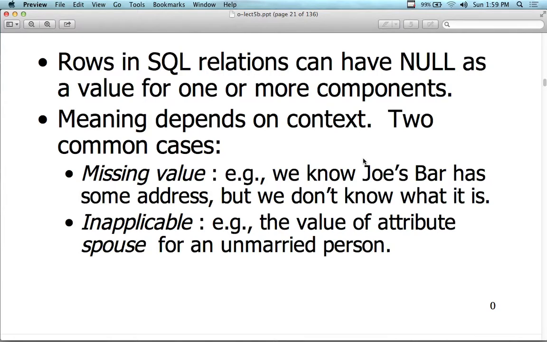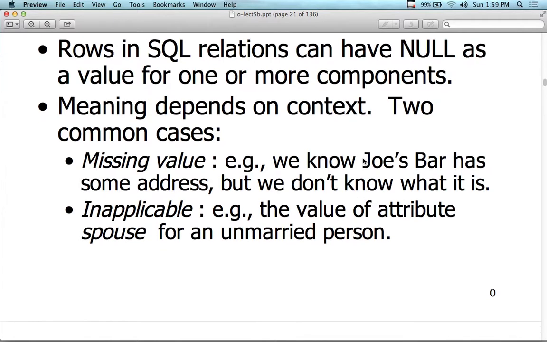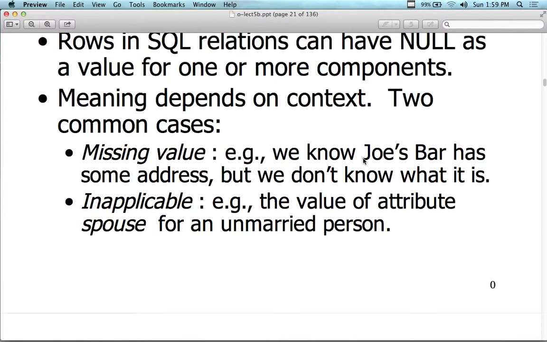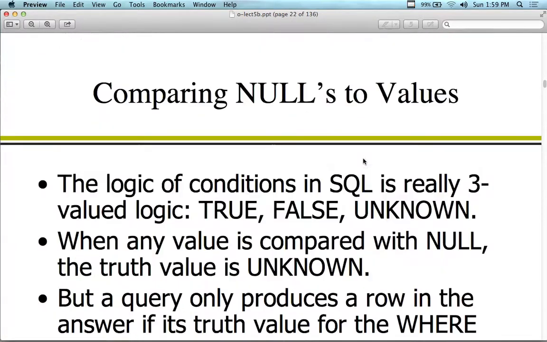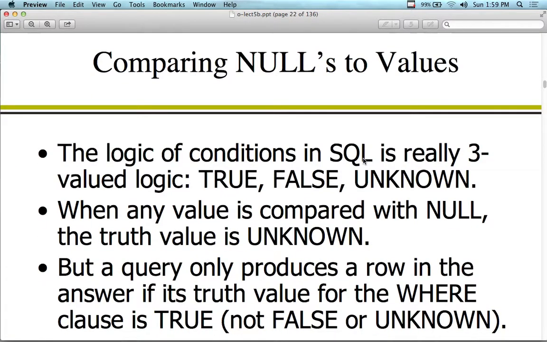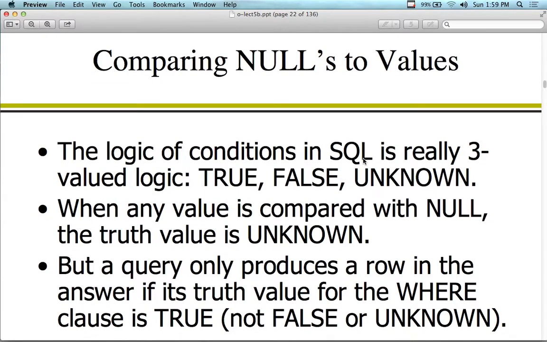So now it's null. We don't know what it is. Or it might be inapplicable, like the value of the attribute for a spouse for an unmarried person. Well, there's no spouse in there. Unless you're going to stick something in there, you're going to get a null. That's what I like in the ITU database: no name, no surname. It's like, okay, hello, Mr. No Surname.